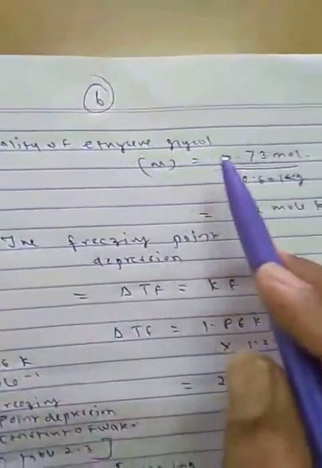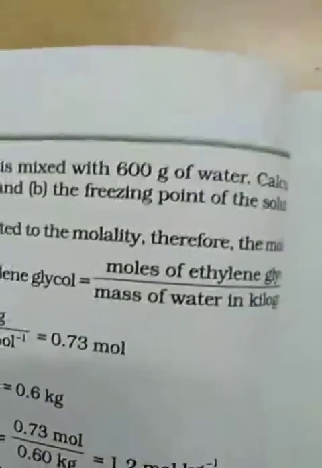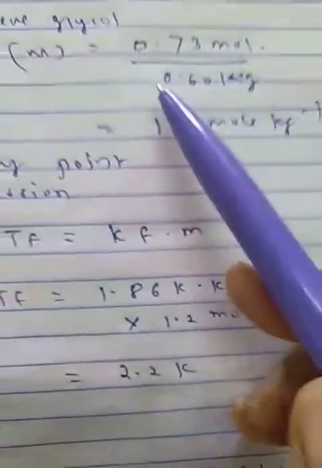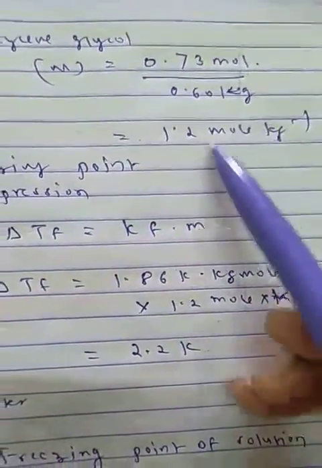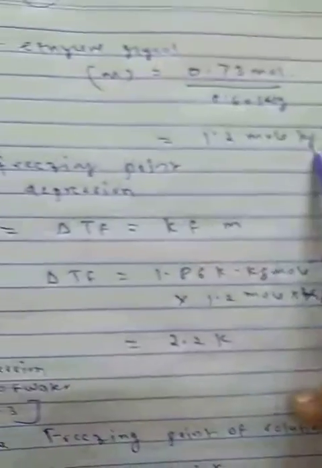So molality m of ethylene glycol is equal to, what is the formula? Moles of ethylene glycol, which we found as 0.73 moles, and mass of water in kilograms, which we converted to 0.60 kilogram. On dividing, we get 1.2 moles per kilogram.